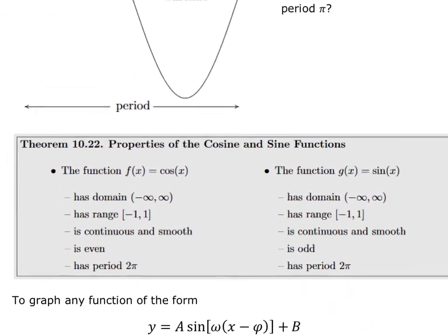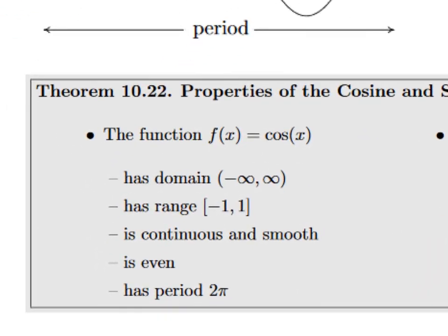Okay, so we'll start with the cosine. The domain of the cosine is everything, and this is going to be so important. You can put anything you want in cosine. Any real number will work. Because remember, now we are on the xy plane, so pi is just 3.14.